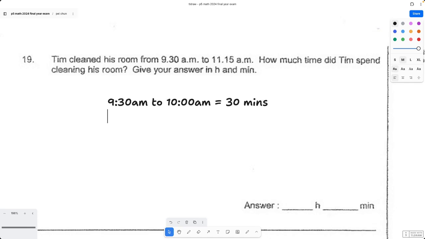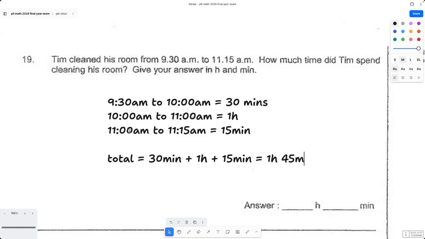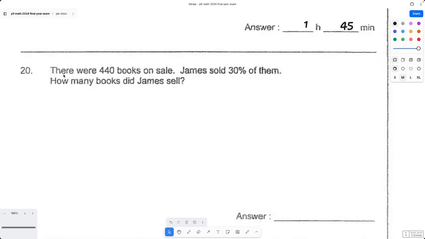From 10 a.m. to 11 a.m. is 1 hour, and 11 a.m. to 11:15 a.m. is 15 minutes. So the total is 30 minutes plus 1 hour plus 15 minutes, which gives us 1 hour 45 minutes. All right, let's move on to the next question.